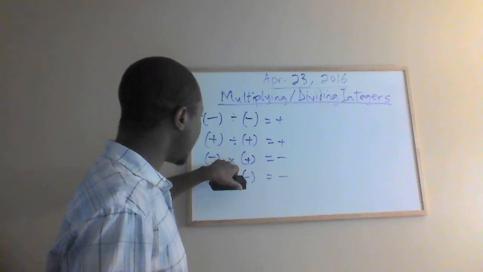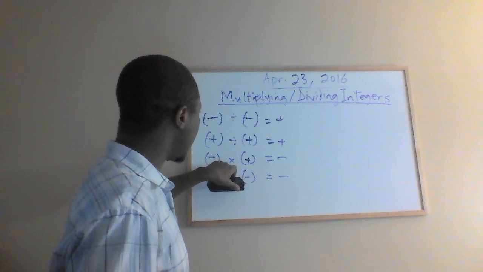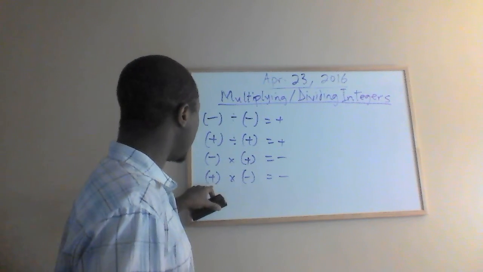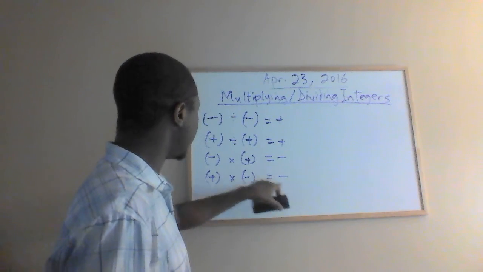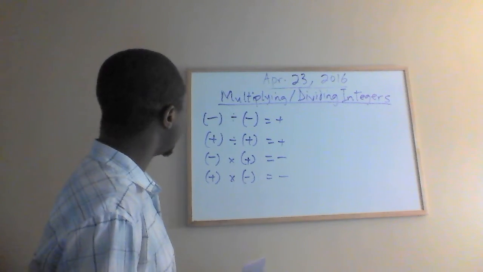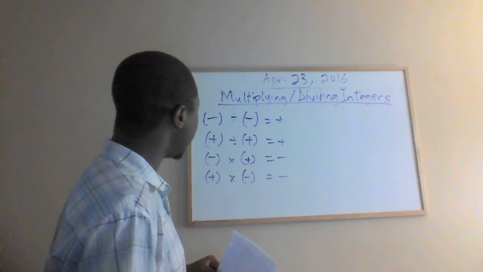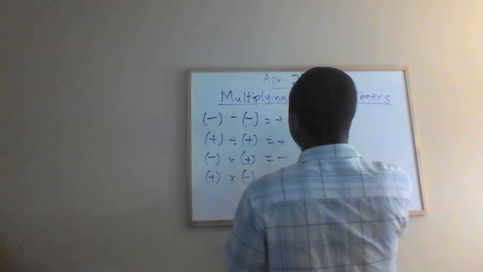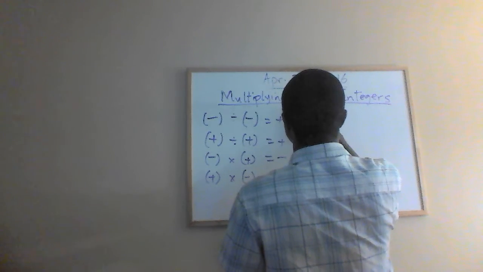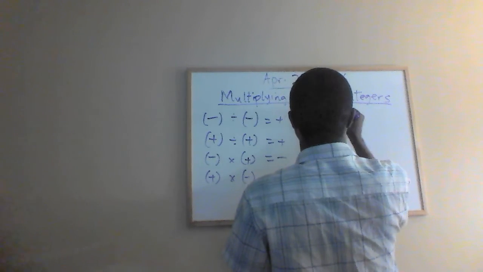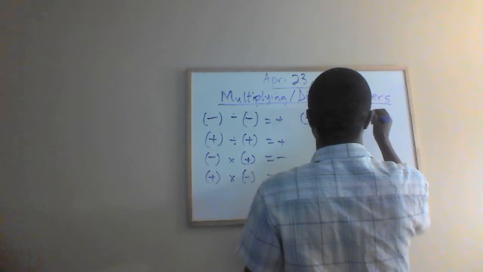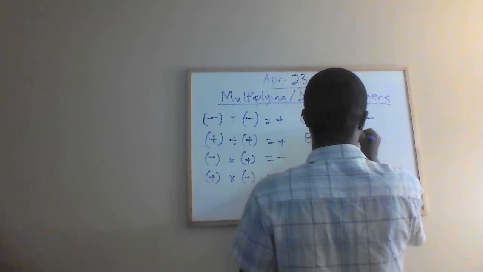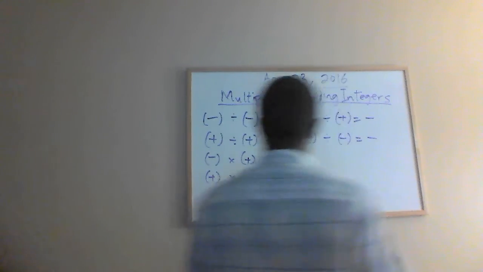Negative multiplied by positive is negative. Positive multiplied by negative is negative. I should also mention that negative divided by positive is negative, and positive divided by negative is negative.